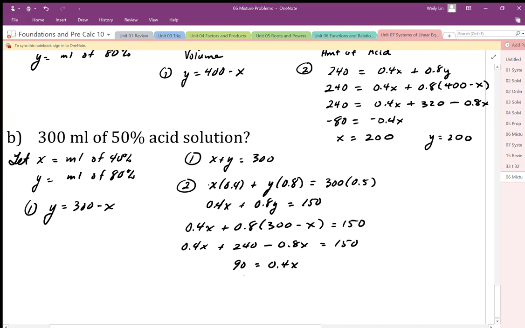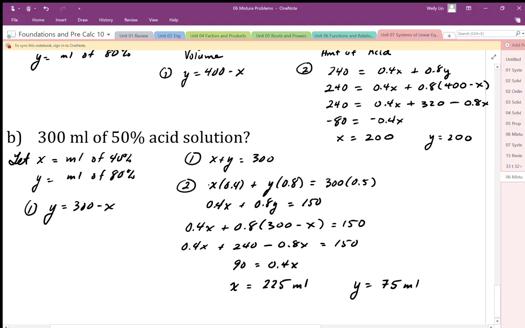Then if I divide these, I get 90 divided by 0.4. That's not a nice number, but it works out to 225 milliliters of the 40%, and that makes Y equal to 300 minus 225, which is 75 milliliters of the 80%.